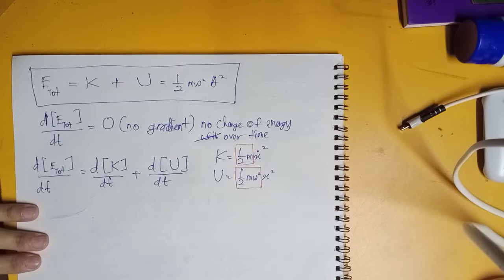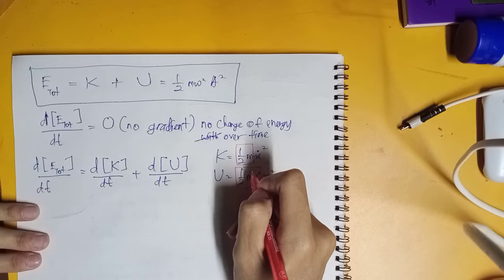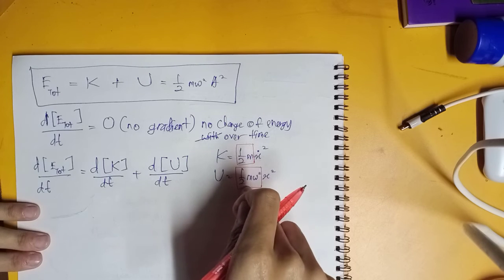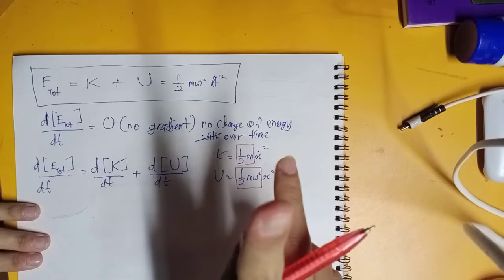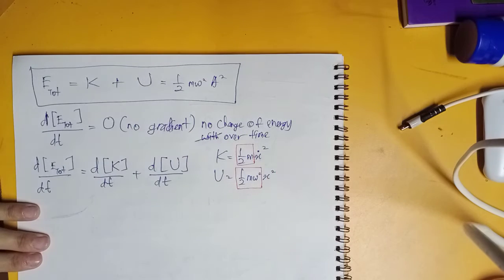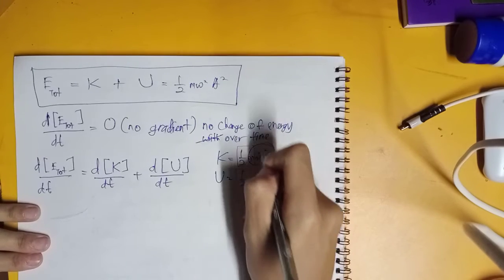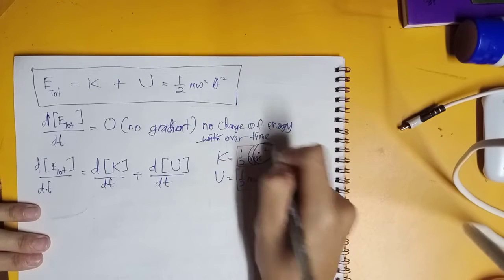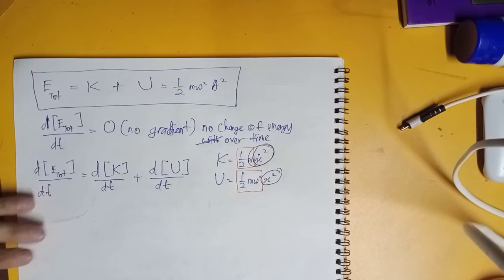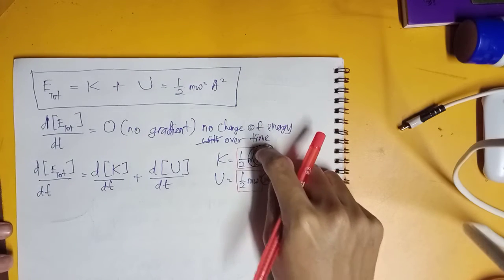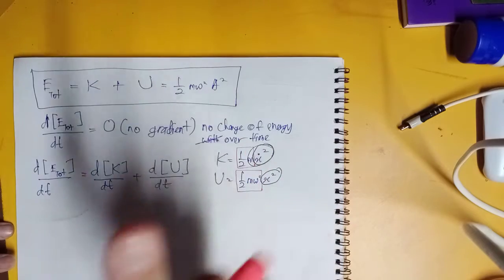This is a constant, which means that the system here, which is the mass and the angular frequency, does not change over time. What makes it change over time is right here, x dot square and x square. So that means we have to differentiate these two with respect to time.